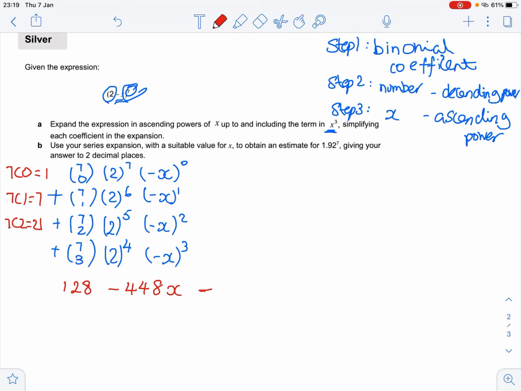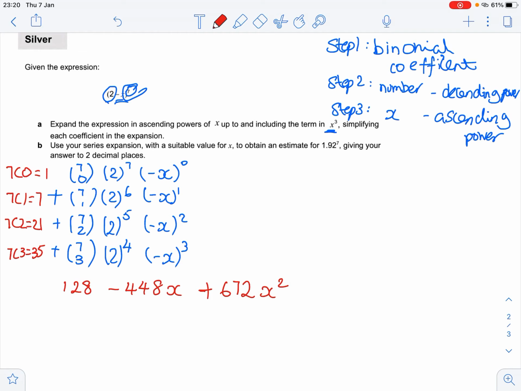So remember we have minus x squared, so minus x times minus x becomes plus, so it's plus 672x squared, and the last one, 7C3 is equals to 35.